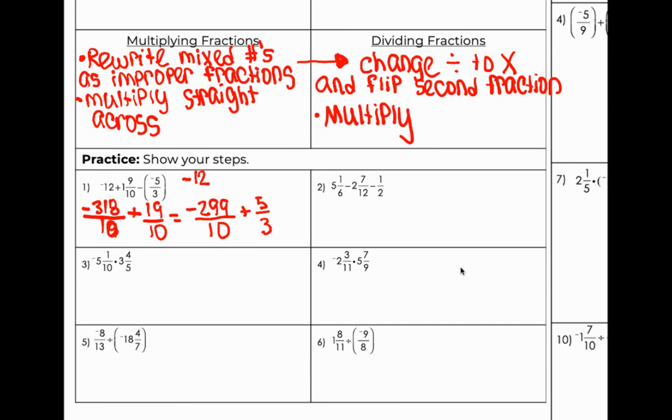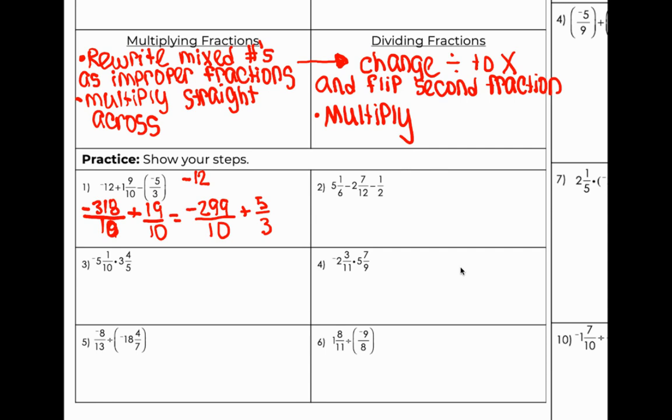Okay, so again, we're going to have to work to get a common denominator. So I got to think about 10 and 3. So 30 would be a good choice there to go for. So that means I'm going to need to multiply. If I multiply negative 300 by 3, that's negative 900. So I need 3 less than that because I have 299.